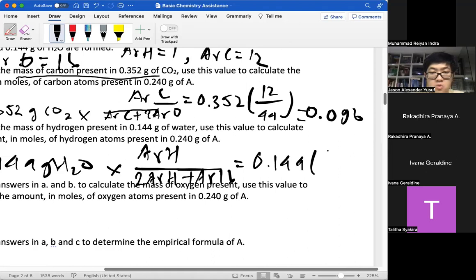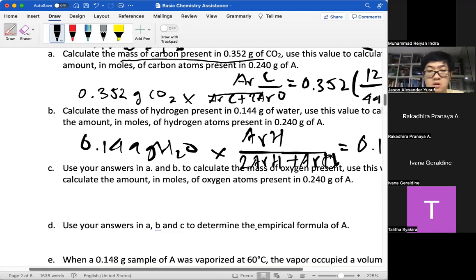AR of H is 1 over 2 times AR of H, that's 2, plus AR of oxygen, that's 16. So that would be 1 over 18, and you will get 0.008, right?